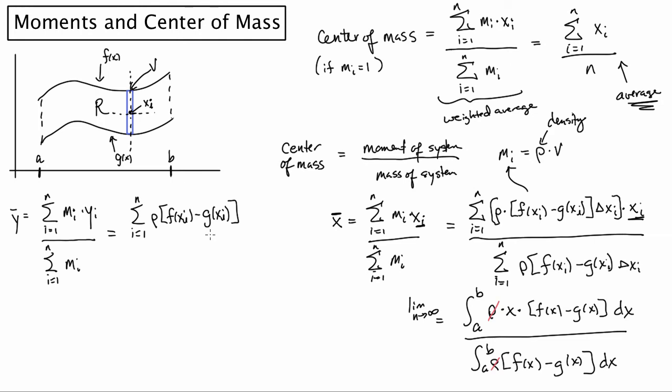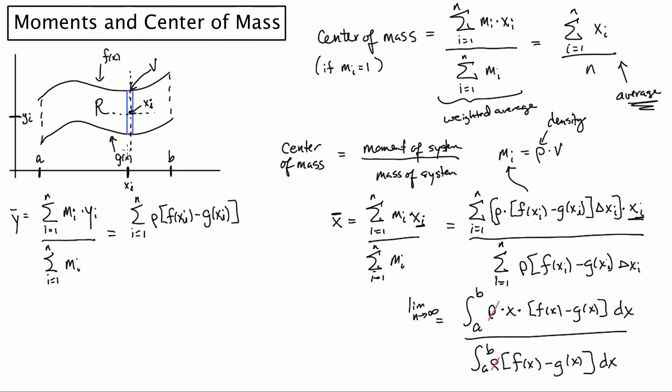But the y component in this case is going to be described a little bit differently, because the x component is just located along this axis. That's easy to find, where the x component of each center of mass is. But the y component of each of the center of masses is halfway between the top and bottom of the rectangle.